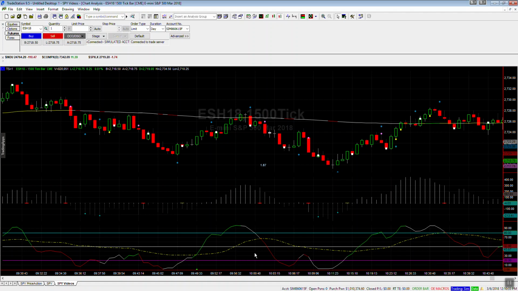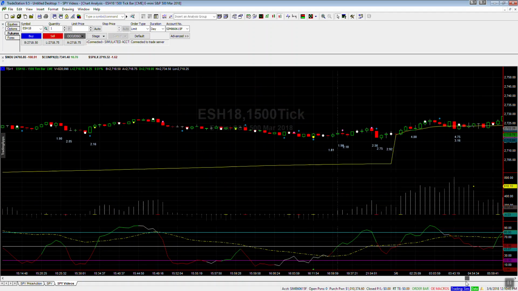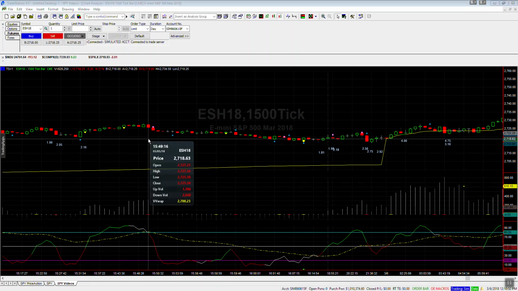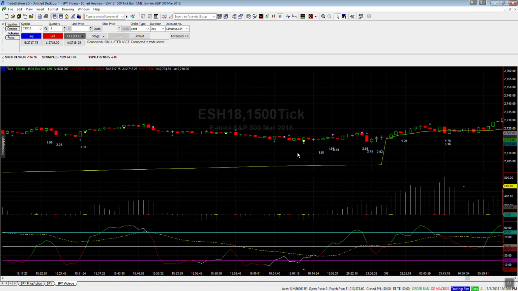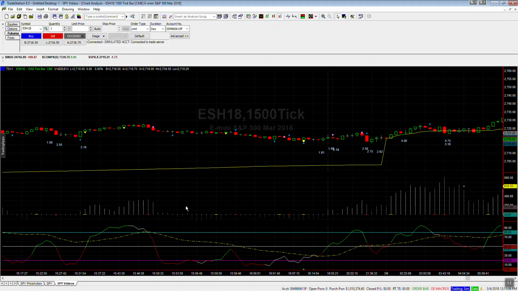So some of the things that you have to be aware of is also the slope of the line. So this is a nice downward slope right here. And you can tell, here's price, the high of that is 27.50. And let's just pick it up right here, that's 16.25. So it's 11 and a quarter points.